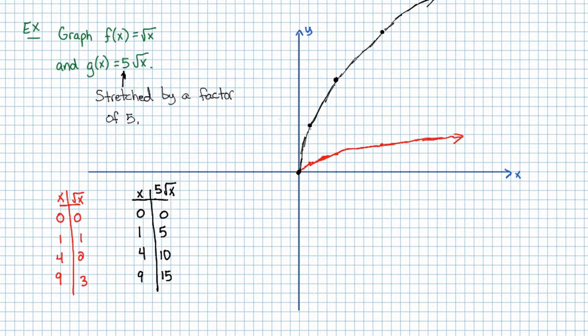Notice, though, something very important. Anything on the x-axis stays in place. The original function y equals root x went through 0, 0, and so does this function. 5 times the square root of x also goes through 0, 0.